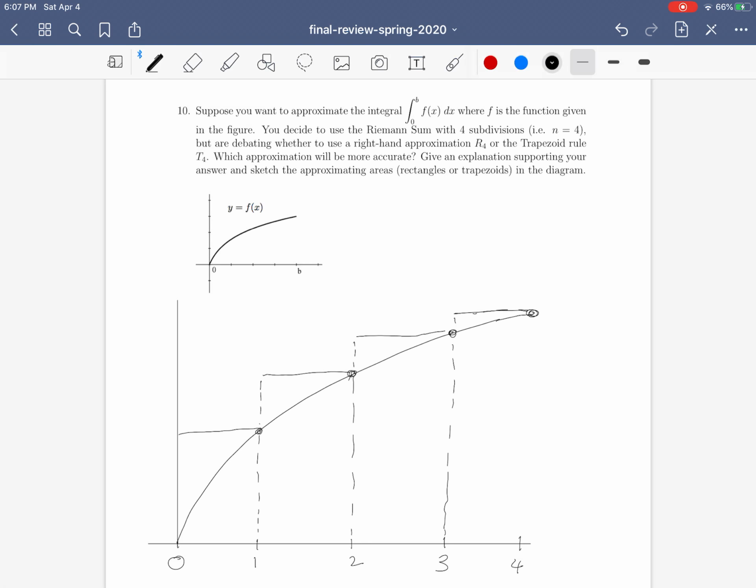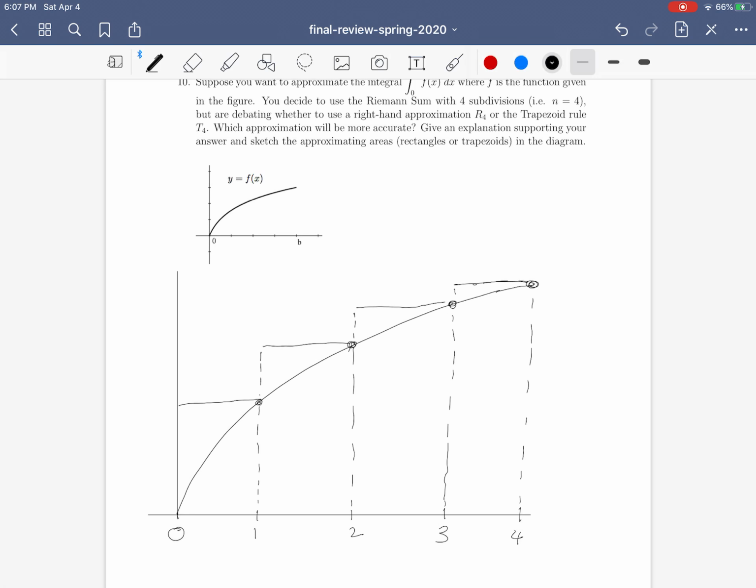So we have 4 subdivisions here, and our total area is just the sum of these 4 integrals. That gives us our right-hand approximation. It's right-hand because we evaluate the function at the right endpoint of the intervals here. If we evaluate it at the left endpoint, then it would be the left-hand approximation.